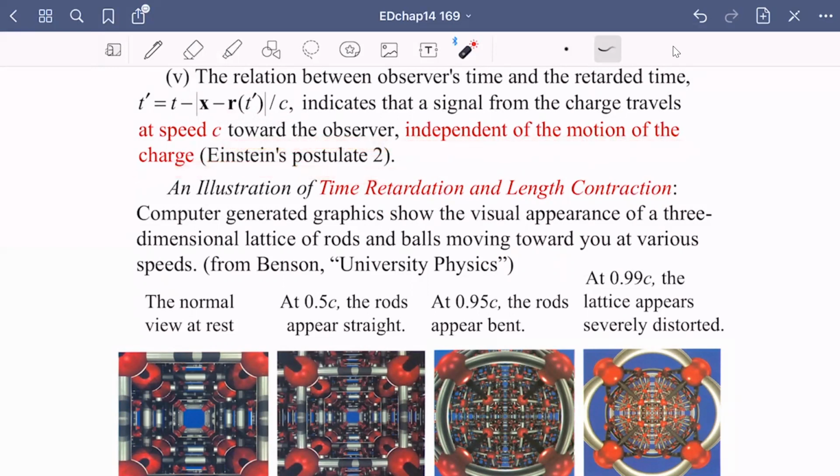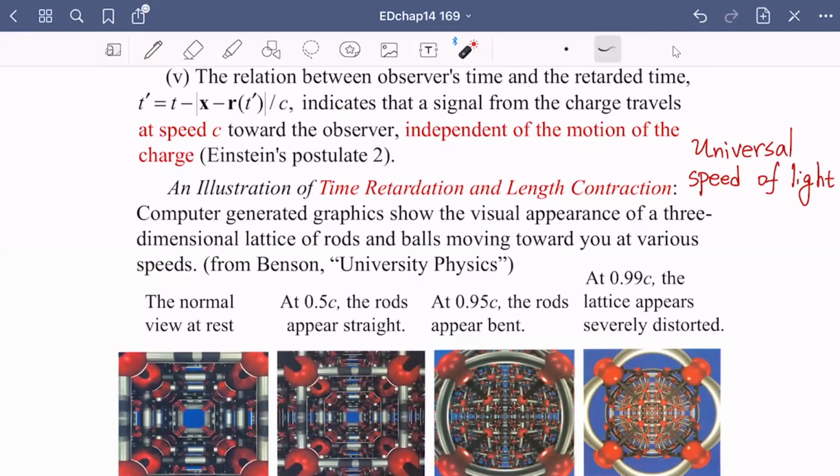That's the universal speed of light. Universal speed of light, the same speed.